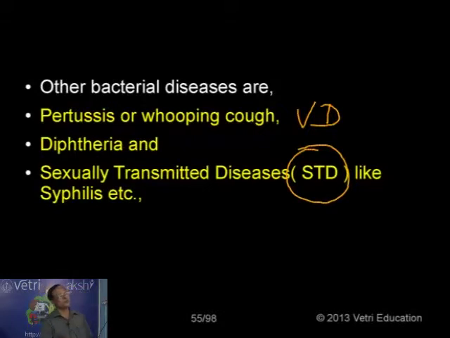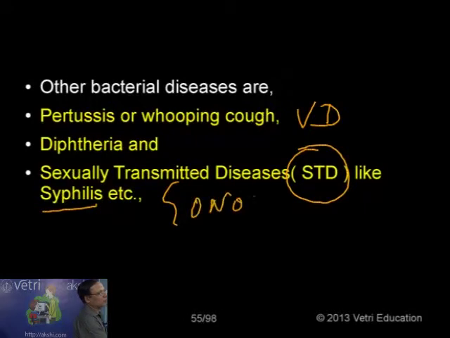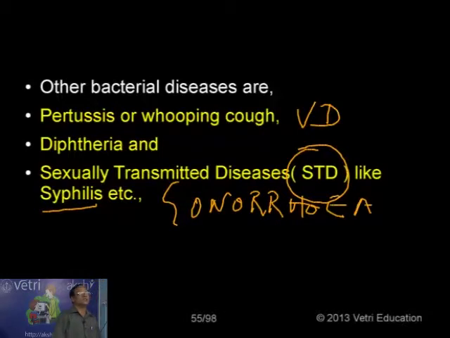Some of them are caused by bacteria, some by viruses, some by protozoans. Here I am using only one disease, syphilis. Another disease, gonorrhea, is another sexually transmitted disease. And these are bacterial STDs, syphilis and gonorrhea.